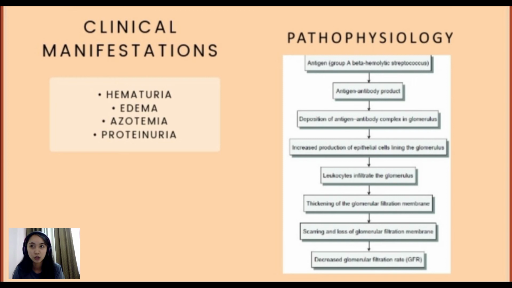Clinical manifestations of the primary glomerular diseases are hematuria, edema, azotemia, and proteinuria.